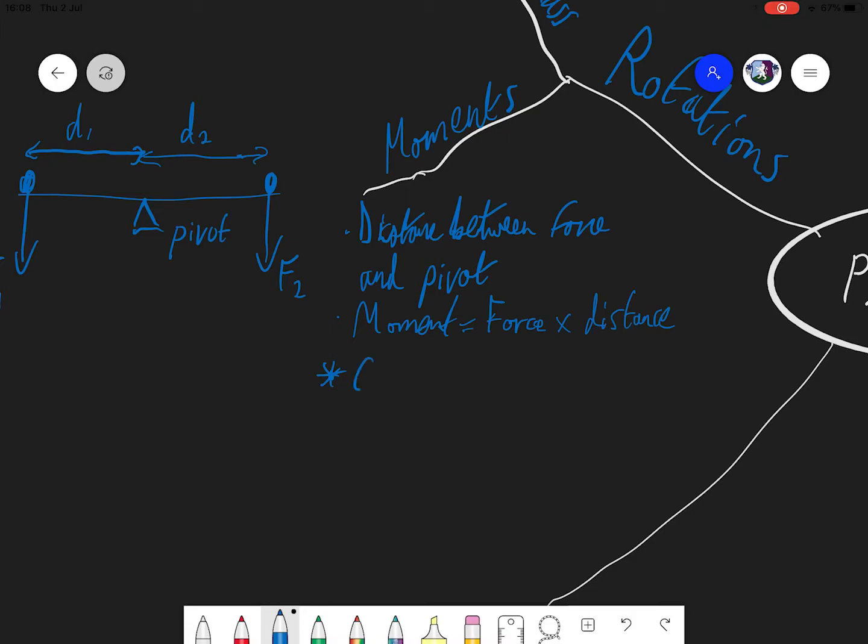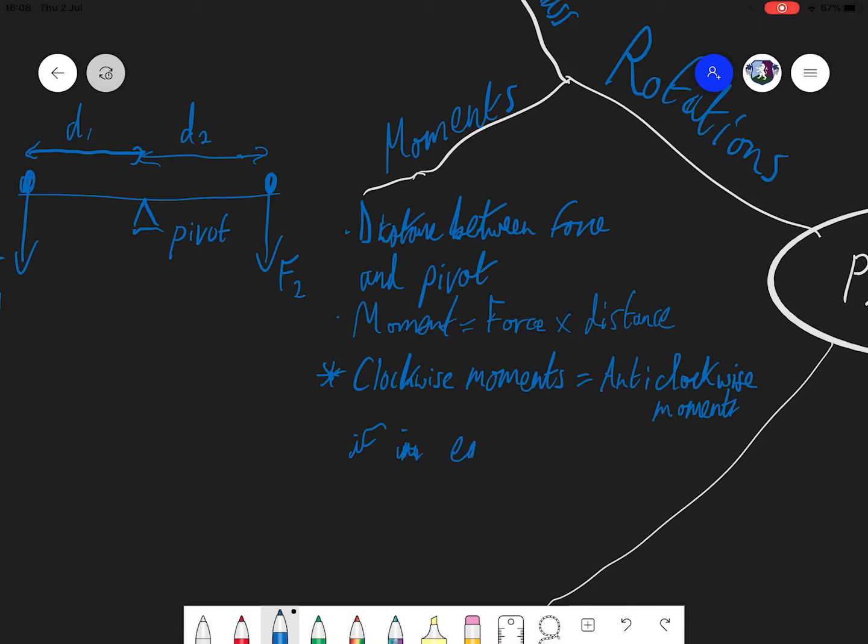The most important thing is the law of conservation, and that says that all of the clockwise moments in the system equal the anti-clockwise moments, again, all the things causing it to turn anti-clockwise, if the whole system is in equilibrium.